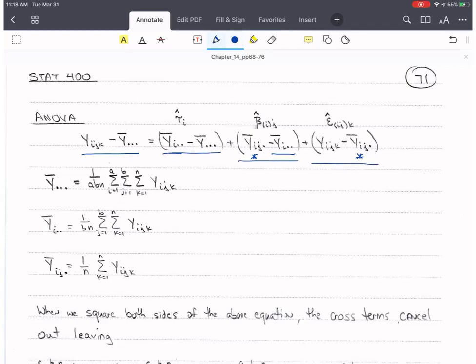The first term is tau i hat, the estimate of tau i, the second term is the estimate of beta j nested within i, beta ij hat, and the third term is the estimate of our epsilons, epsilon ijk hat.